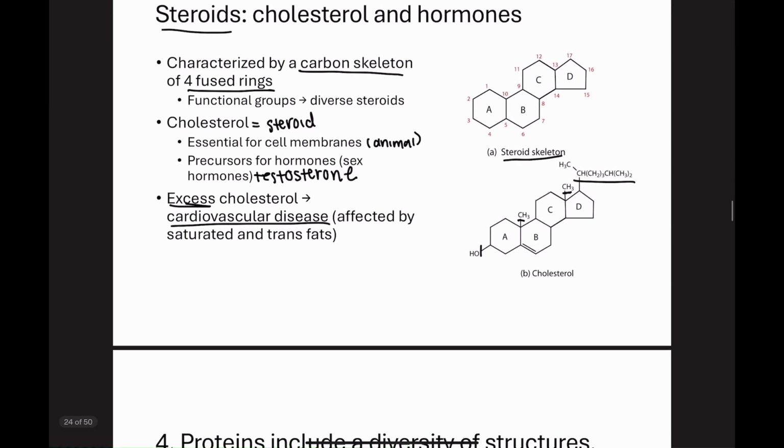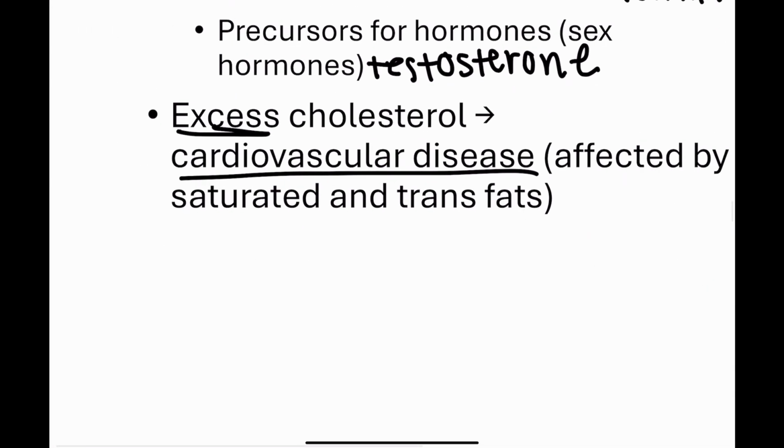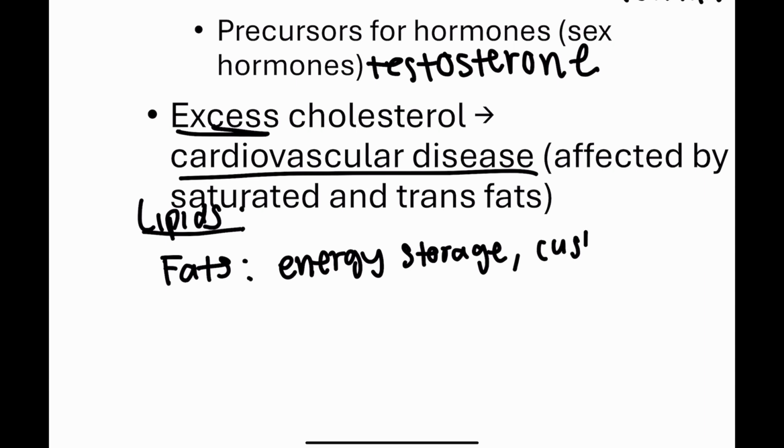So overall, lipids are indispensable, and they are extremely diverse in their forms and in their functions. We have fats, right? So we have lipids and we have fats. And fats are important for energy storage, for cushioning our organs, and for insulating us.